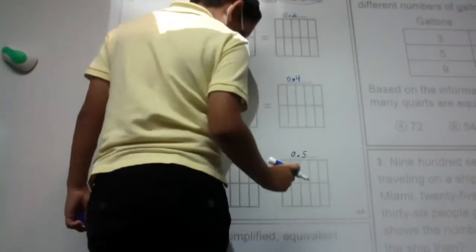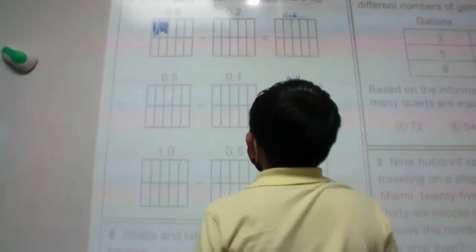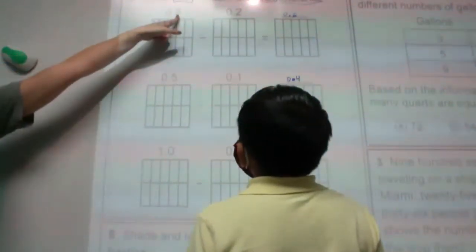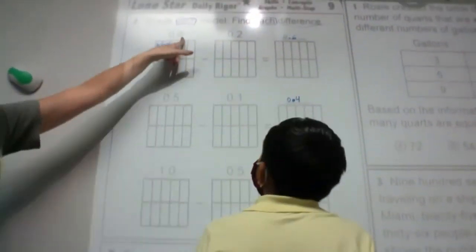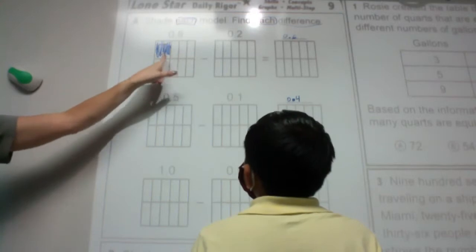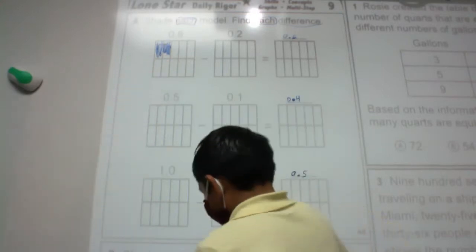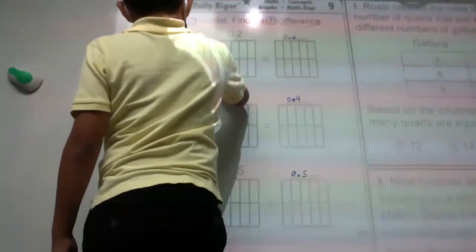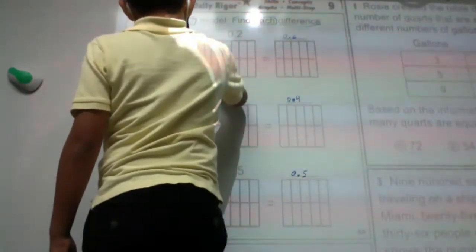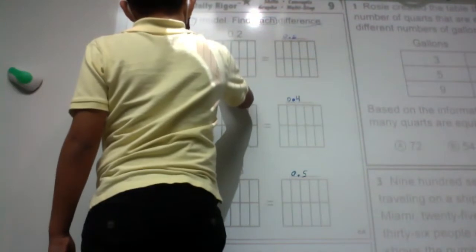Just scribble it in. How many should this one show? 6. That's a 6. What is this? 8. 8. So shade in 8. That's part of the problem, okay? So if you didn't shade yours in, make sure you do that now.